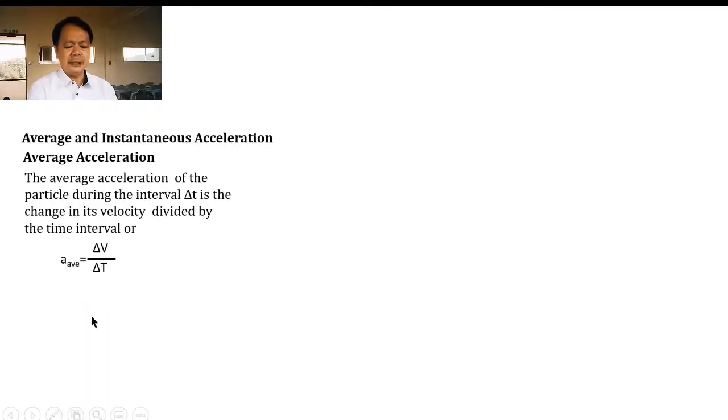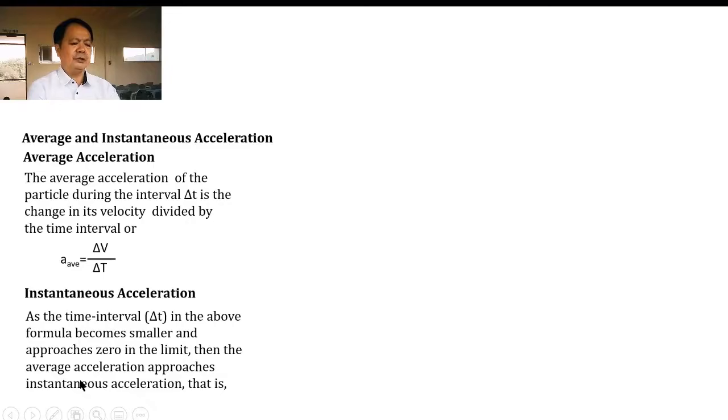Ngayon, pag sinabi natin instantaneous acceleration, ganun din. If delta t becomes smaller and approaches zero in the limit, then this average acceleration will approach the instantaneous acceleration. As such, instantaneous acceleration will be equal to the limit of delta v over delta t as delta t approaches zero.